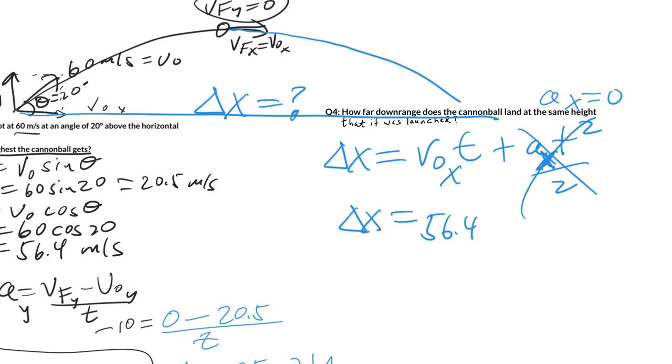Let's be careful. No. 2.1 is the time it takes to go to the top. So this total time is 2 times the time it takes to get to the height. So very important.